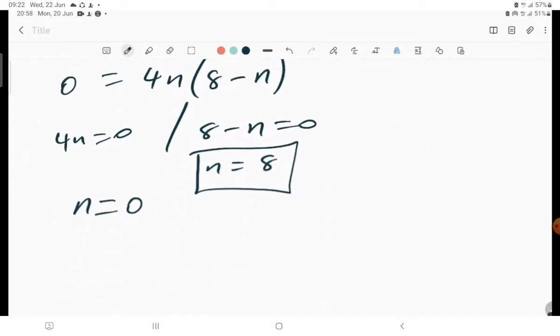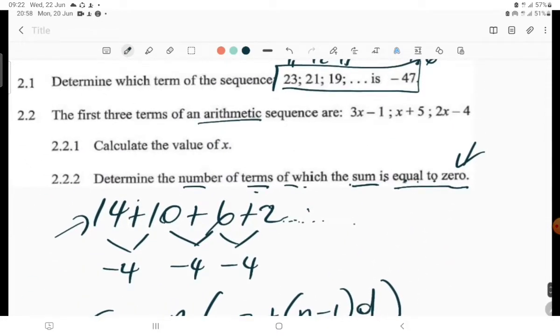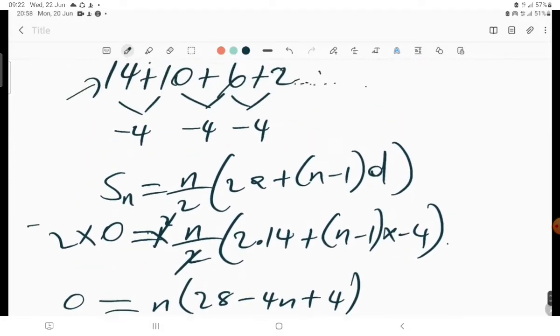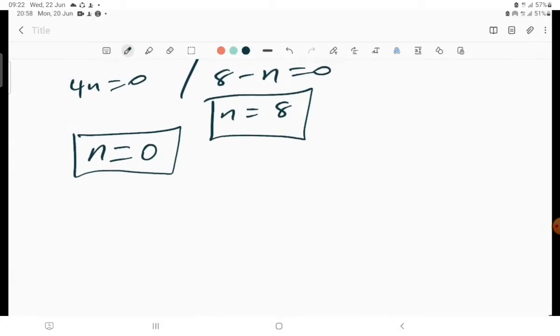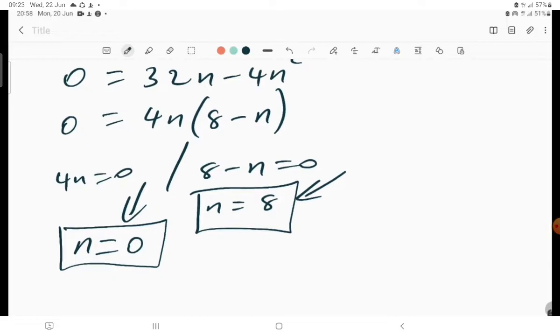So I can take this one as well as a solution, because they did not say determine the number of terms of which the sum of this pattern... but it's reasonable for this one, because when you add this number of terms, you are going to get 0, because now you remember you are adding nothing. But there's a debate around this.